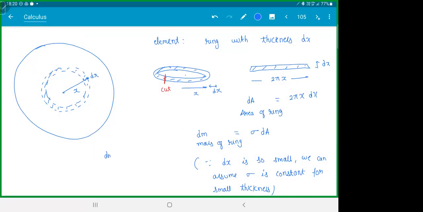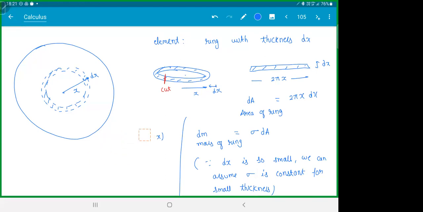So we get dm is equal to sigma naught x into dA, which is 2 pi x into dx. So you want the total mass? So dm will be sigma naught x into area, 2 pi x dx. So the total mass of the disk will be the integral of the masses of the rings.